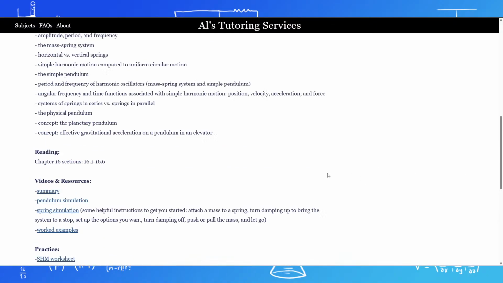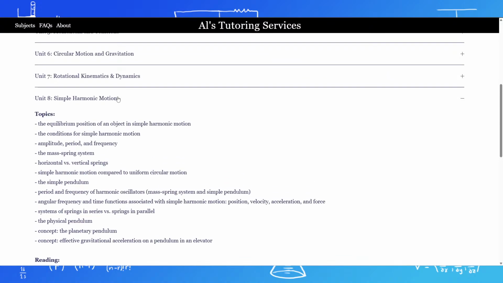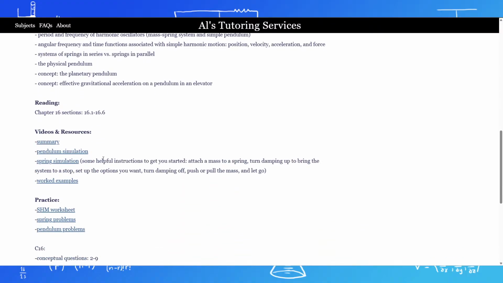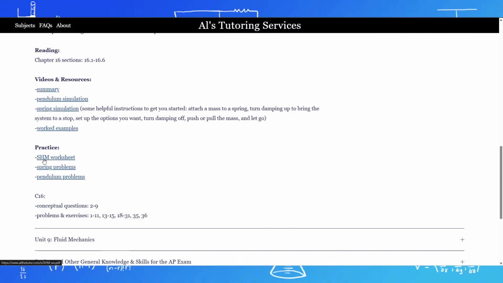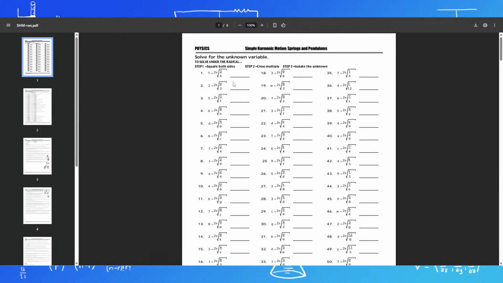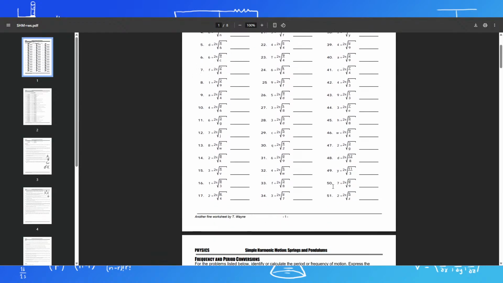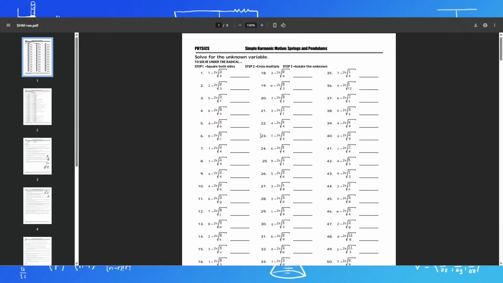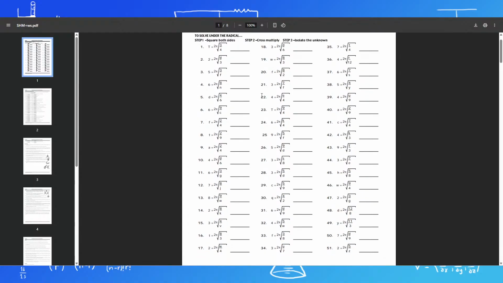For homework, I want you to go to the Simple Harmonic Motion tab and scroll down to this Simple Harmonic Motion worksheet. And yeah, it's a lot of drills, but they're actually really quick. The first couple might be head scratchers, but then you'll get into a rhythm, you'll get into a routine, and it'll start making sense from there.